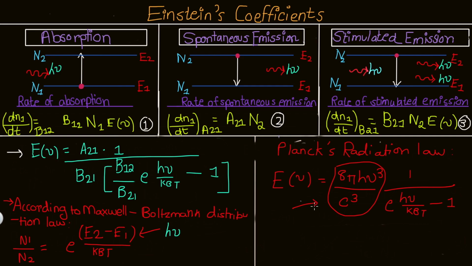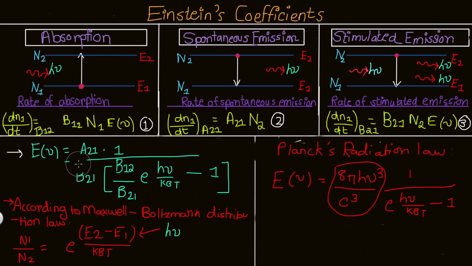Sometimes you will see it as 2 Planck's constant nu to the power of 3 divided by c to the power of 2. That's correct as well. There's different forms of Planck's radiation law. There's 3 forms, I think. This is because of the radiometric quantities. But if you see this, that's correct as well. I'm just using this in this video.